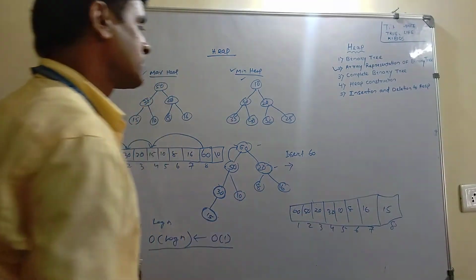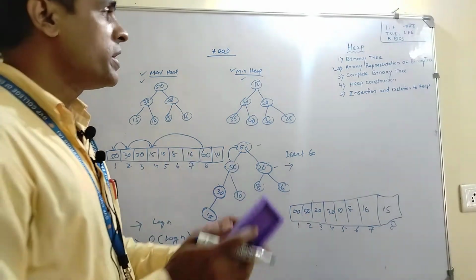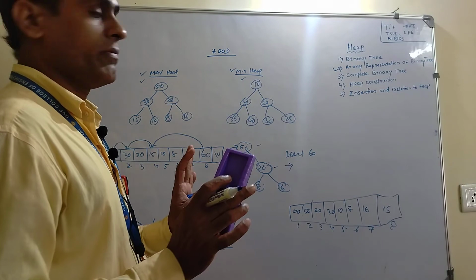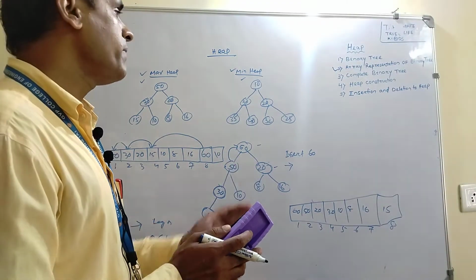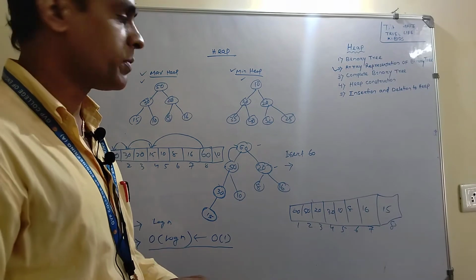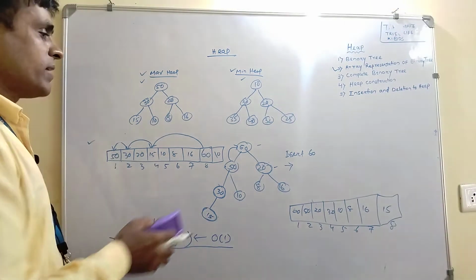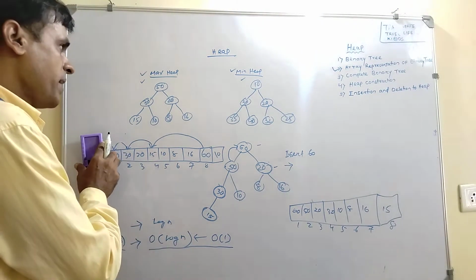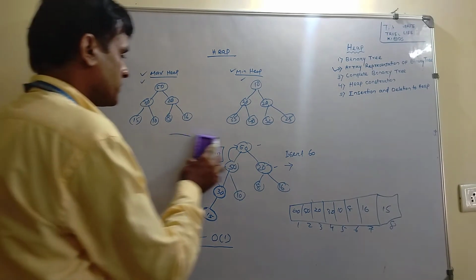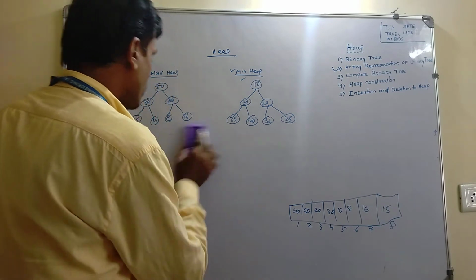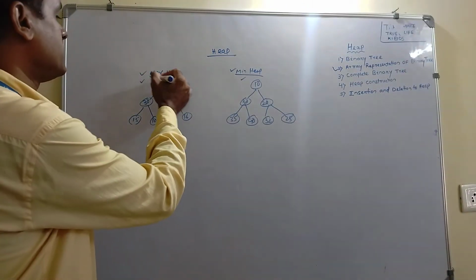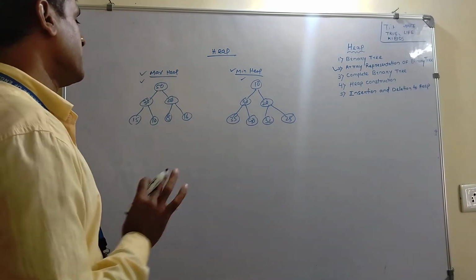But now we will discuss how to delete an element from a max heap or min heap, whatever it may be. If it is a min heap, we have to follow the min heap property. If it is a max heap, we have to follow the max heap property. Now, the question is, we want to delete one element from a max heap or min heap. Let me draw. Suppose this is my heap, which is a max heap. I want to delete.